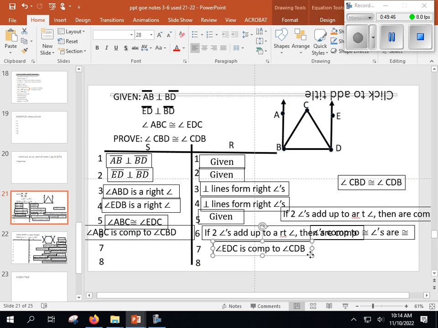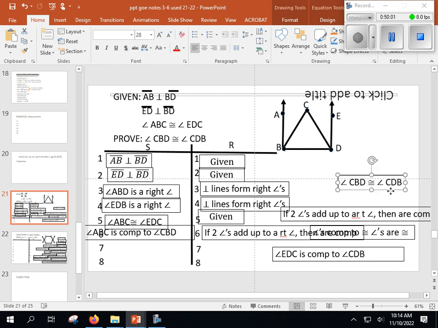Now, if we said that about those first two angles, probably what are we gonna say next? Same thing about the other side, probably, right? What other two angles did we say were complementary? CBD and CBE. Is that what we want? We don't want that they're congruent, we want that they are what? Complementary.